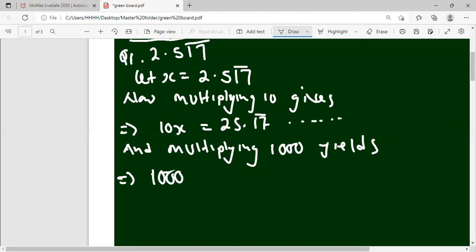Allow me to call this equation 1. So when you multiply 2.517, which is recurring, by 1,000, we're going to have 2517.17 recurring.